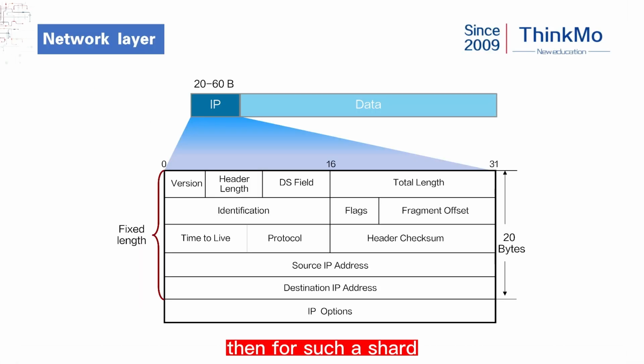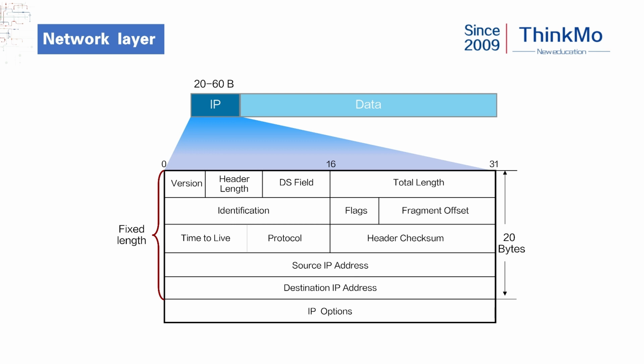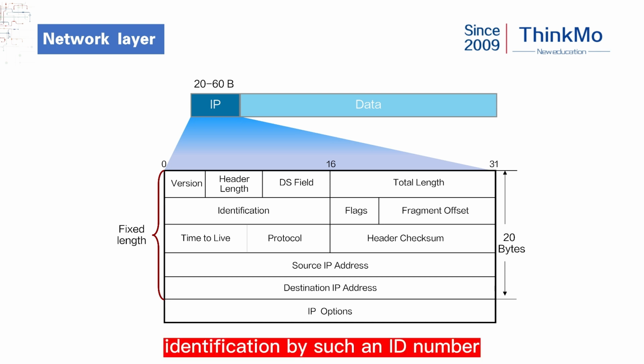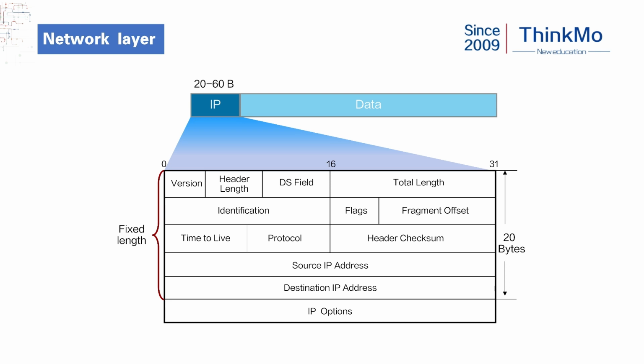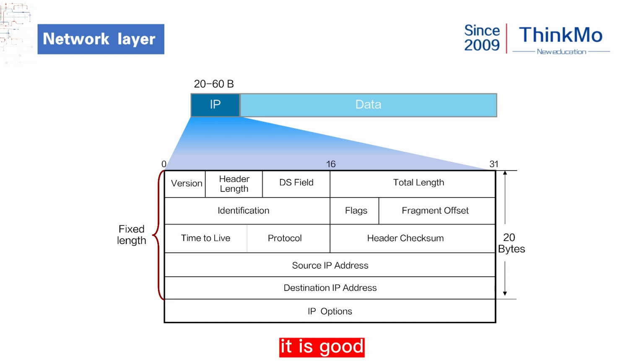For such shards, our entire network layer uses this identification, the ID number, to identify a set of data. Good. This is point 1.